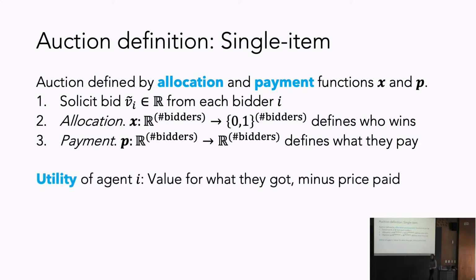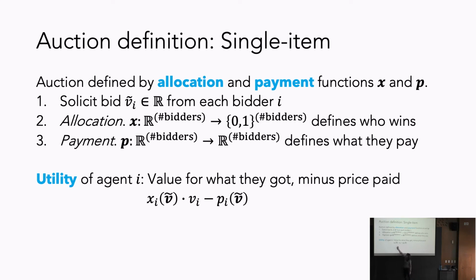Like I've said already, the utility of agent i is their value for what they got minus the price that they paid, and now we can write this using this notation. For bidder i, x_i of v tilde is going to be 1 if bidder i won, and 0 otherwise. If they won the item and this is 1, then their utility is going to be their value minus the price they paid.